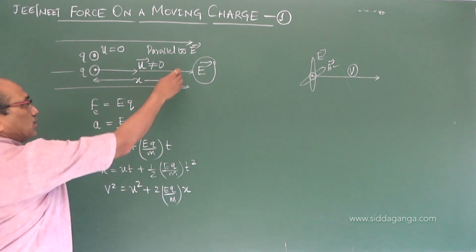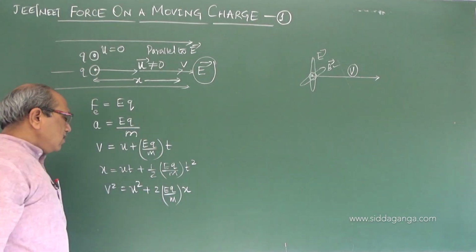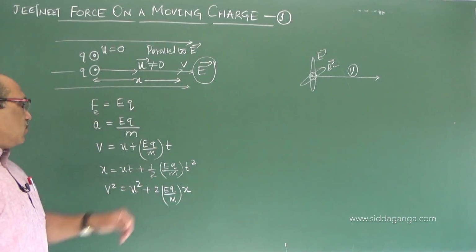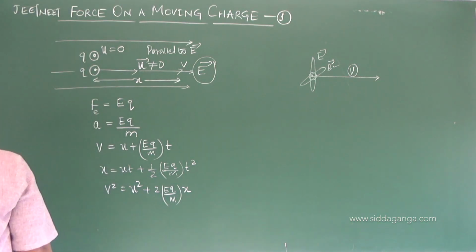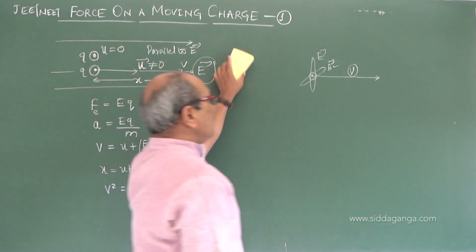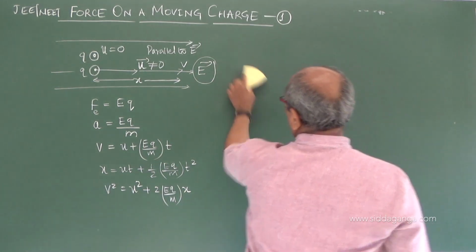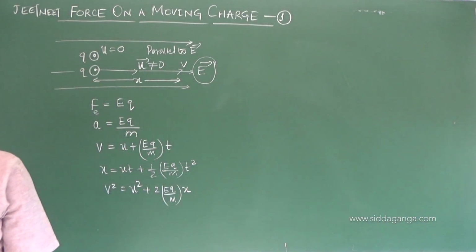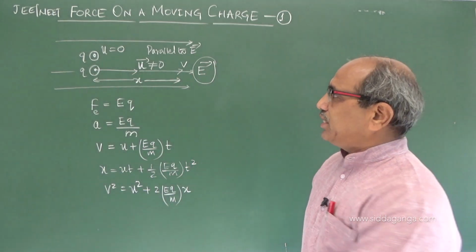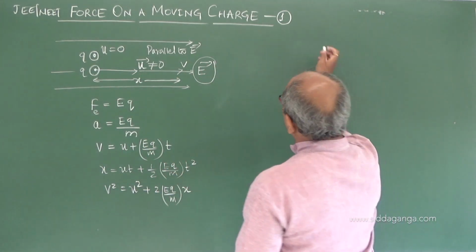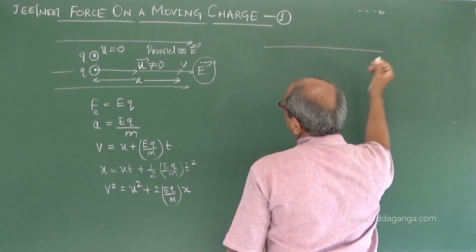What the velocity may be after a certain time, what distance is described, what acceleration it experiences, all can be estimated directly from these relations. It is the simple case I told, that in an electric field a charge experiences a force parallel to the direction of the field. Let us think of another case.